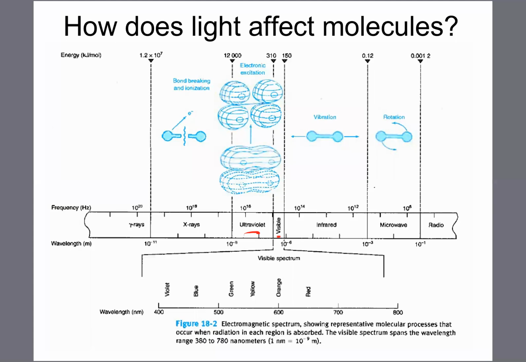What about then the UV and the visible? We're going to group these two together, because ultraviolet and visible transitions can carry out what's called electronic excitation or electronic transitions in our molecules. Basically there are two allowed energy states, the low energy state and the high energy state. A UV photon or a visible photon can take our molecule from the low energy state to the high energy state.